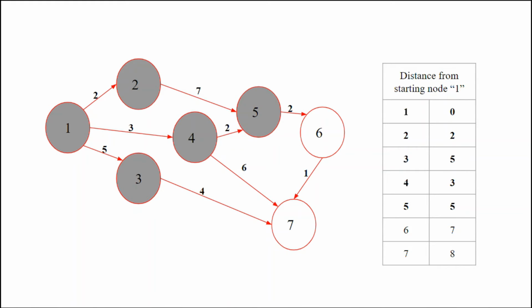So now 6 is visited and the last node is 7, but because all of the adjacent neighbors from 7 have already been visited, you can say that 7 is fully visited. And now the entire graph has been visited, so Dijkstra's algorithm will be over, meaning that you have found the shortest distance to every node from that starting node 1.